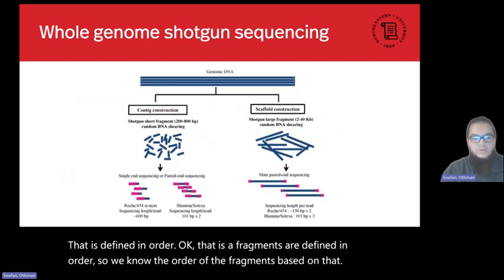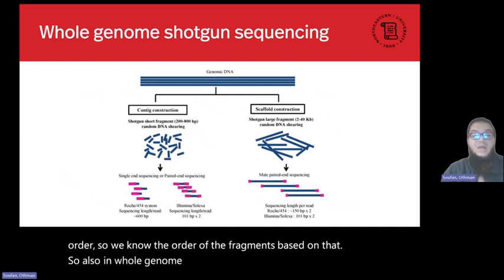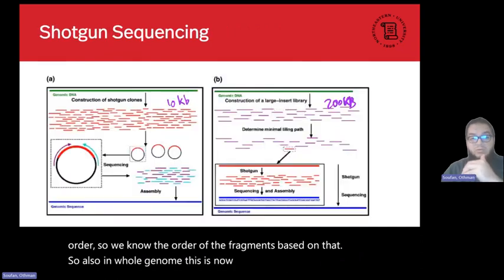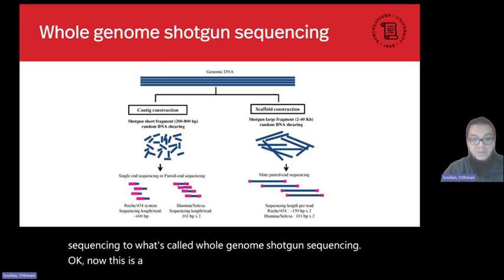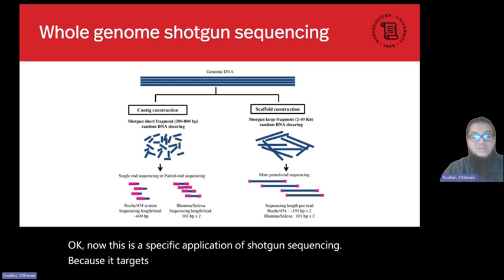So also in whole genome, we move from shotgun sequencing to what's called whole genome shotgun sequencing. This is a specific application of shotgun sequencing because it targets an organism's entire genome.